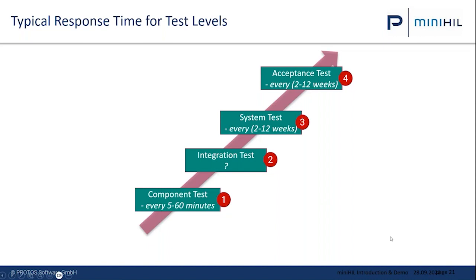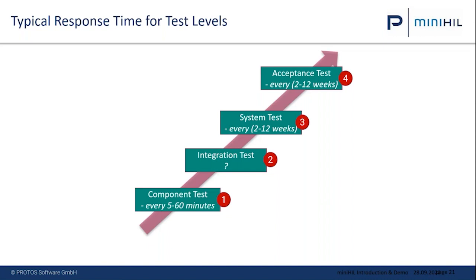Then the next level is the hardware-software integration test. That's normally not done. The next step would be the system test, either a real system test or a hardware-in-the-loop system test. In many cases, that's not run very often because it's so much effort, or the equipment is so expensive that it's used also for other projects. So it's just not free for test automation.